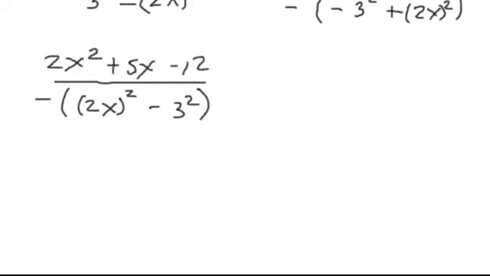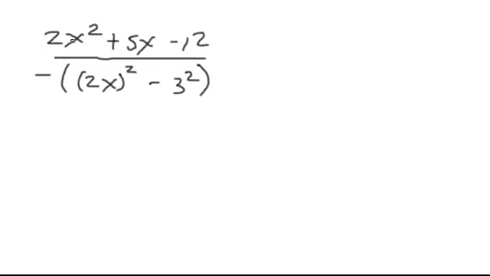Okay, let's just leave it at that right now. Now let's go ahead and factor the numerator. Now it's a good thing we only have a 2 here, so this has got to be a 2x. And of course this would just be an x here.